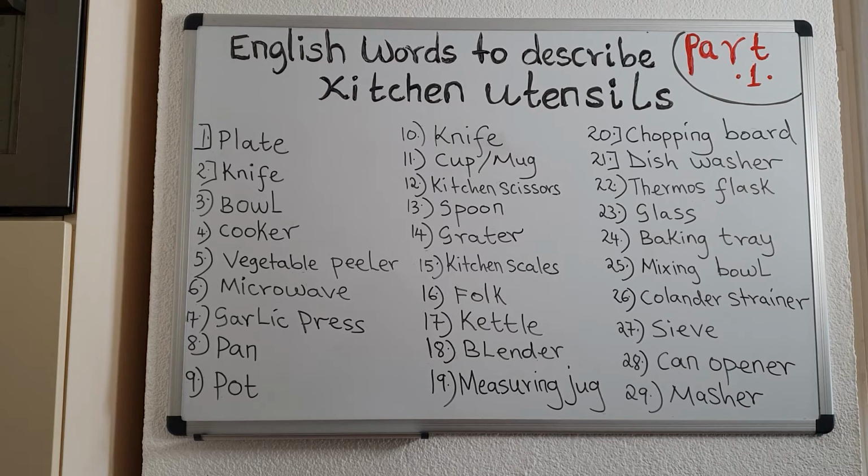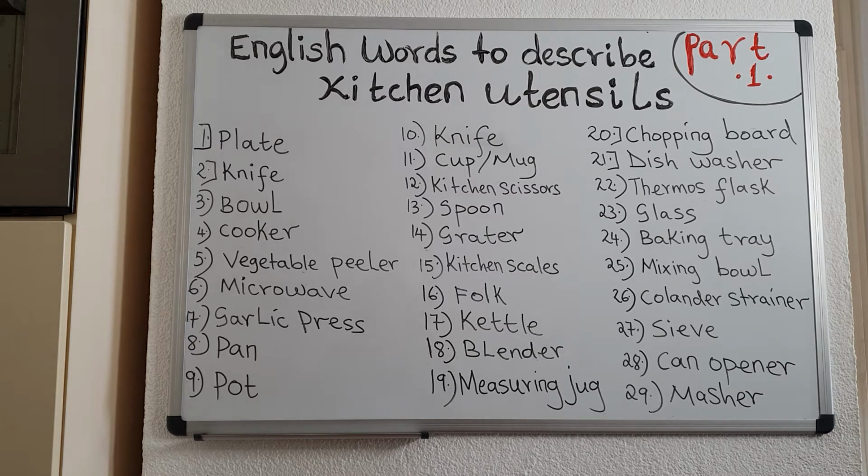Instead, you put some food on the plate and then you put it inside a microwave for a specific time, maybe 2 minutes or 3 minutes. You set it on and then you heat up your food. Okay? So a microwave is a piece of equipment that is used to warm up food.